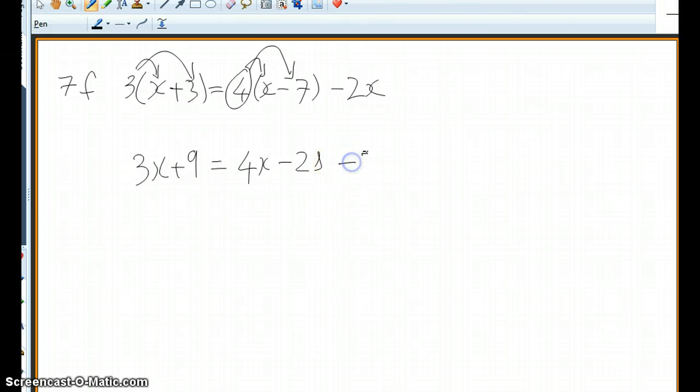And then the minus 2x is still there, right? Okay, on the right hand side, I'm going to collect those x's together to make it simpler. 4 minus 2.